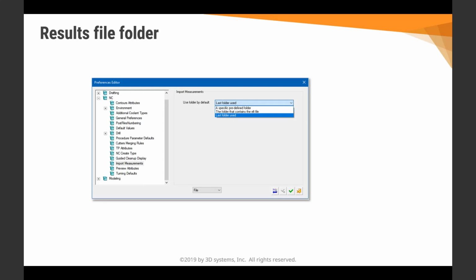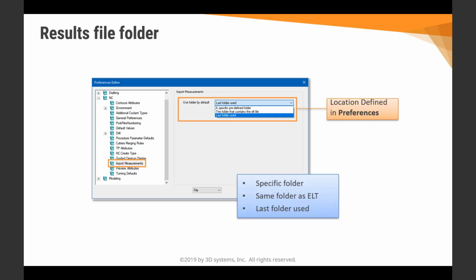The location of the results files is defined in the preferences. We have added a new page called import measurements, and in the drop down you have three setting options. First one is a specific folder of your choice. The second one is the same folder as the ELT, and the third option is last folder used.